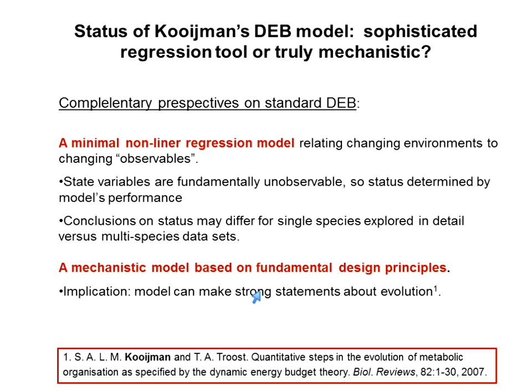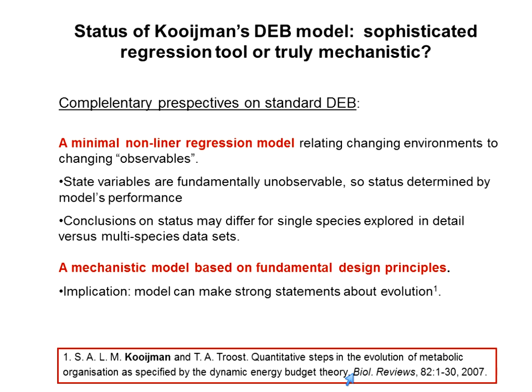And there is a very impressive start to this that has been made in a paper that came out at least 5 years ago by Bas Kooijman and Tineke Troost, listed here. It describes the early evolution of metabolic organization. It's sufficiently far from my area of expertise that I can't evaluate the details of that.